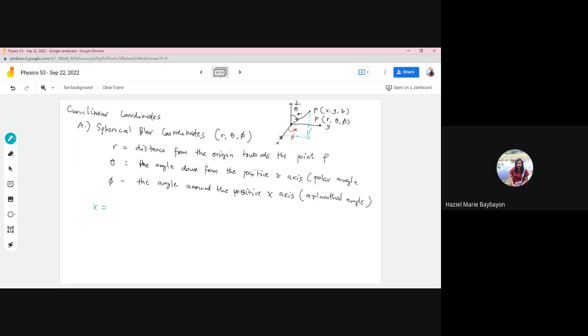Okay, so let us explain why it is r sine theta cosine phi. This one is R, class. And then you have theta here.